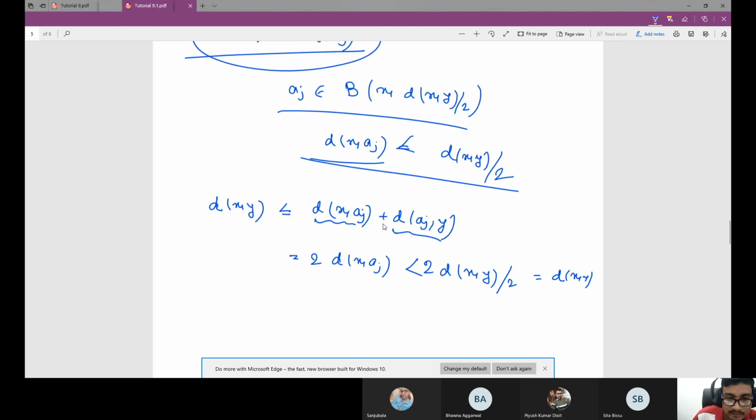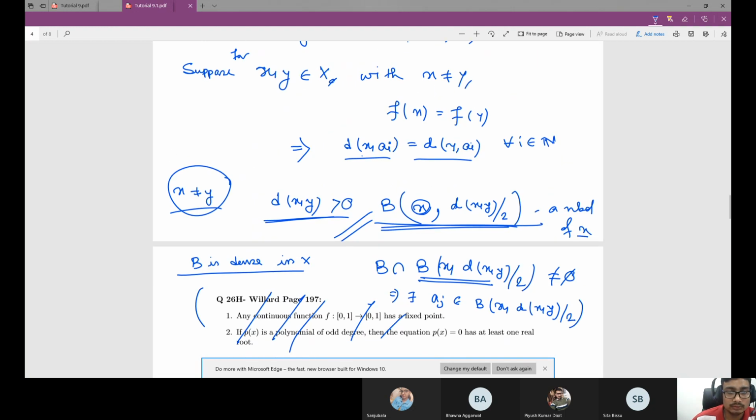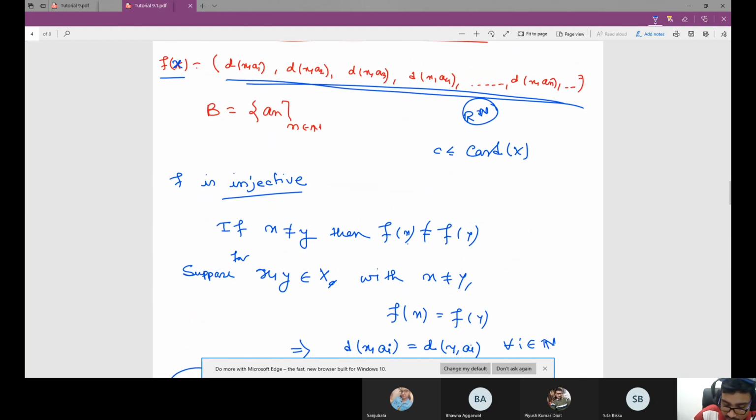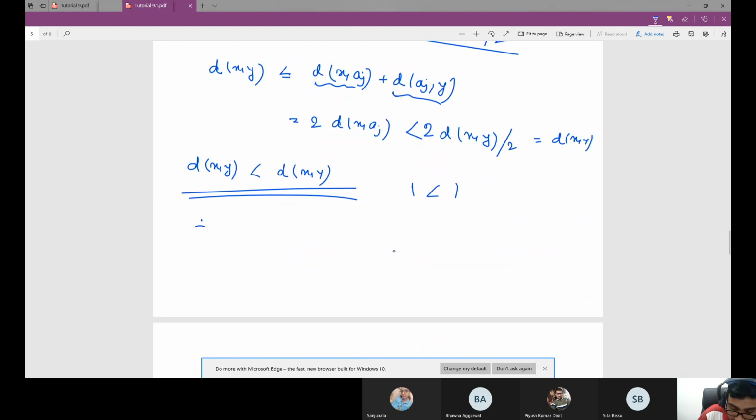So what we got is that d(x,y) is strictly less than d(x,y). This is not possible, because this implies 1 less than 1. So therefore this is not true, meaning if we take x not equal to y, then we must have f(x) not equal to f(y). Therefore the function f is injective.